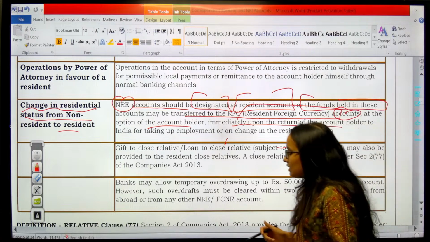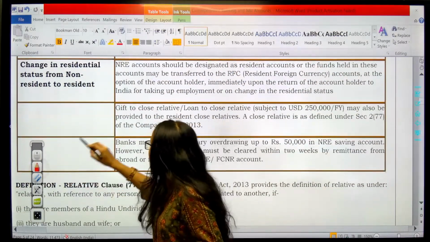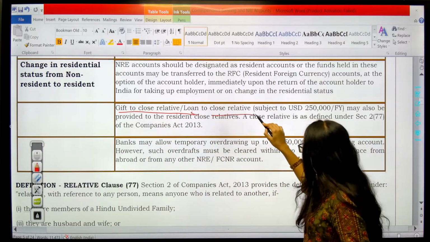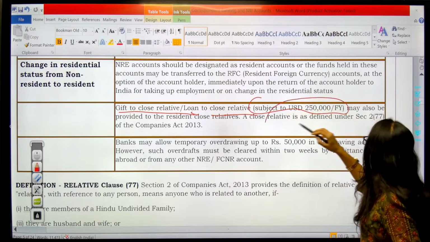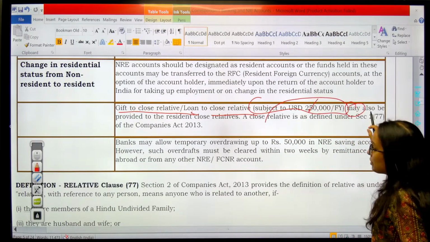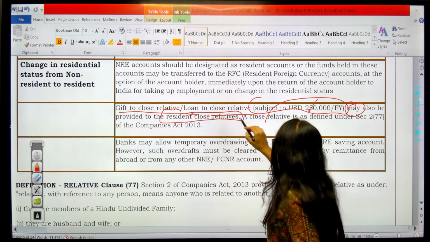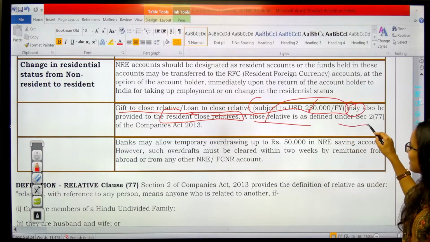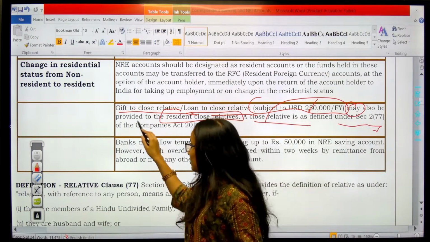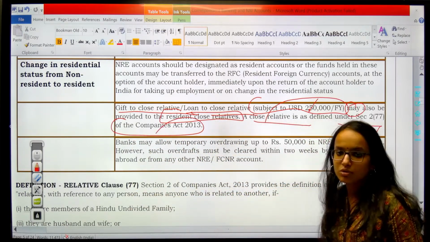Now, there are certain miscellaneous provisions as well. What are they? Gift to a close relative or loan to a close relative, subject to a limit in US dollars, may also be provided to the resident close relatives. A close relative is as defined under Section 2 clause 77 of the Companies Act 2013.